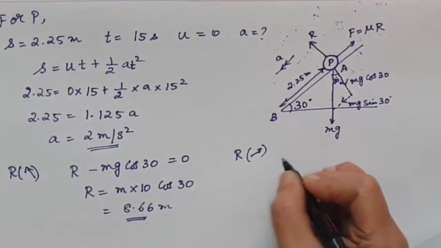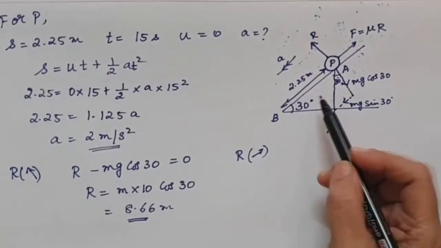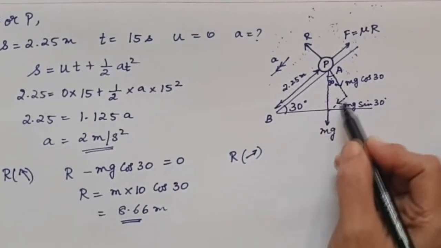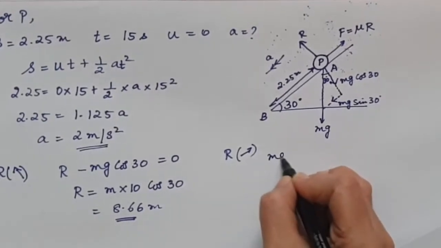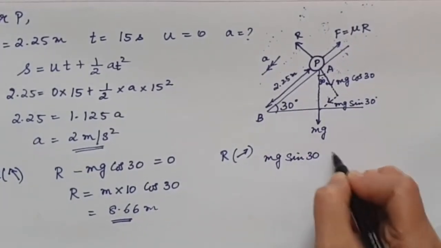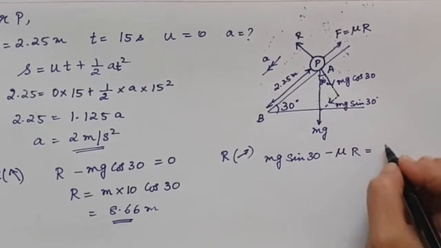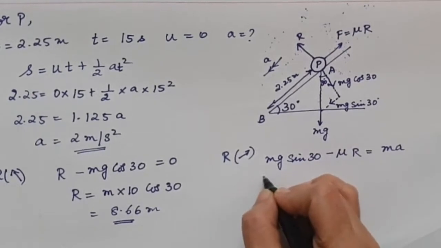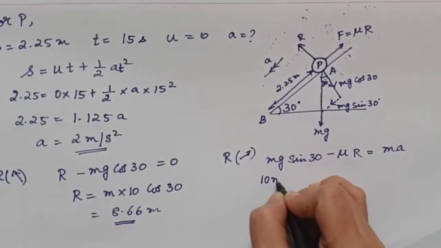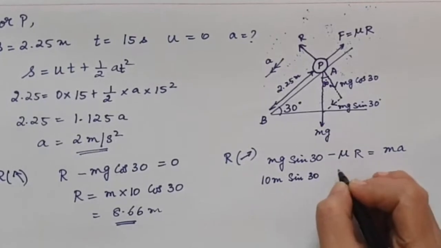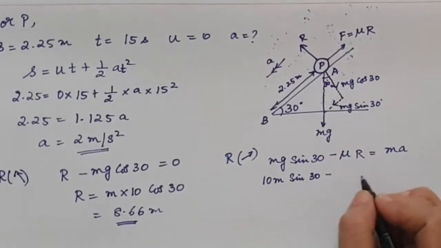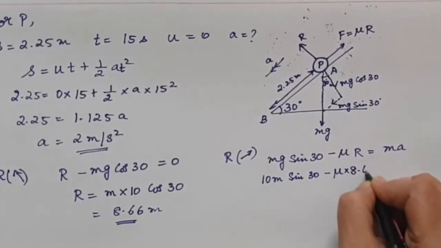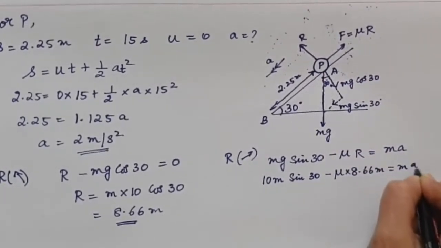Resolving the forces along the plane. So when we resolve the forces along the plane, this is here and then this frictional force is there. This is down, so this will be our positive direction, that is mg sin 30 minus mu R will be equal to ma. Now g is 10, so 10m sin 30 minus mu, and R we replace with 8.66 m, will be equal to ma.